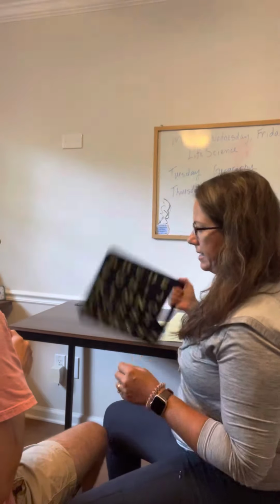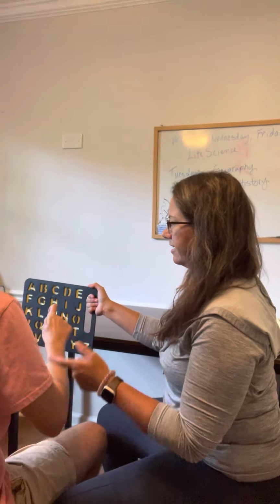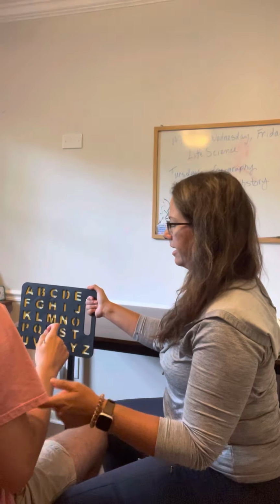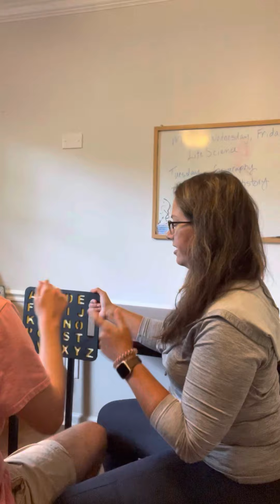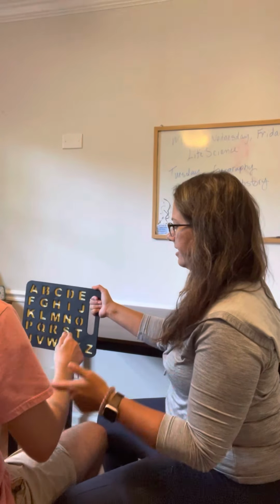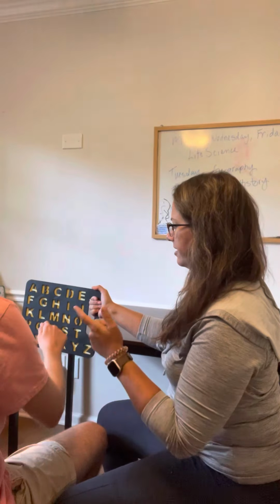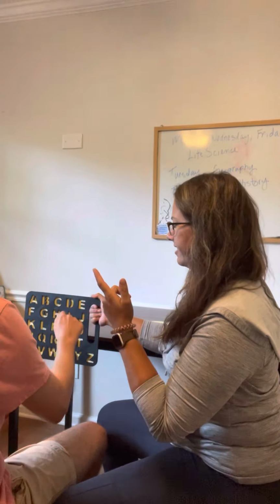Let's spell income. You got it. I and N and C and O and M and E. Good job. Let's spell attractive. A and T. Two of those. T and R and get there. A and you got it. Find your letter.